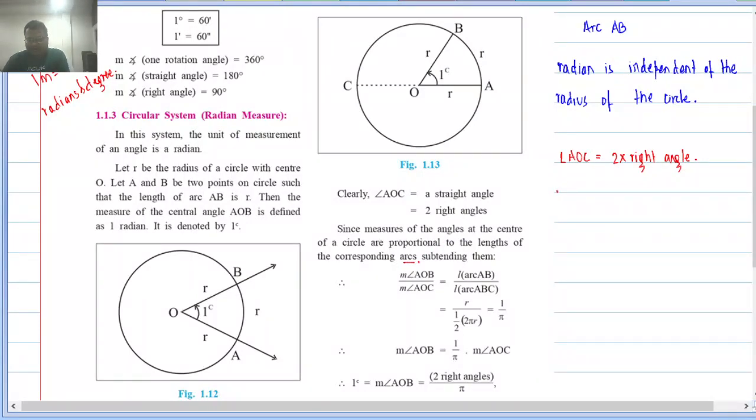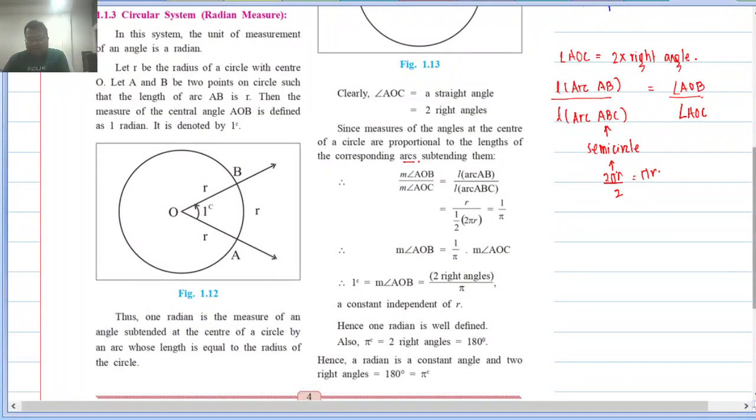Means length of arc AB upon length of arc ABC. Note that ABC is a semicircle. And what is length of semicircle? It is 2 pi r upon 2, which is pi r. So that is equal to angle AOB upon angle AOC.